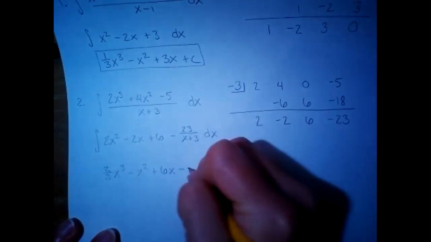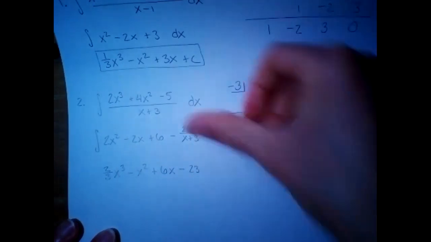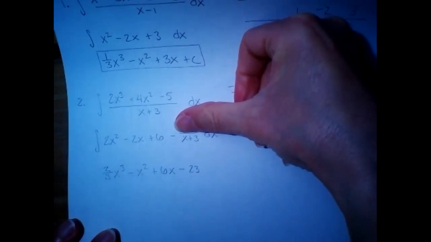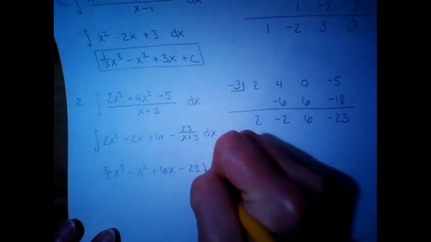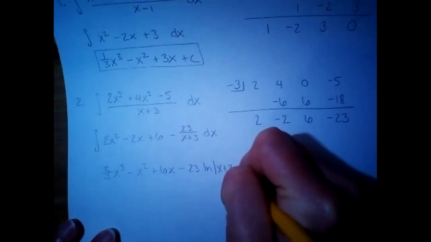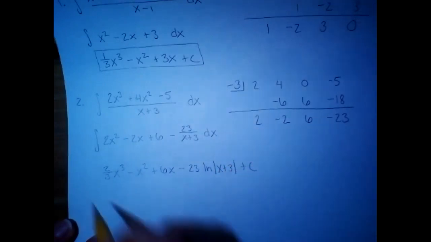Now there's going to be a coefficient of 23, but pretend for a second it was just 1 over that. 1 over x is going to give you ln. The fact that there's a plus 3 in there is fine. If you were to do a u substitution, the derivative of 3 would be 0. It's just a constant, so it's going to go away. So it is going to be ln of x plus 3 and then plus c.